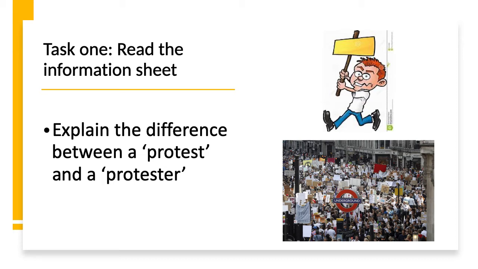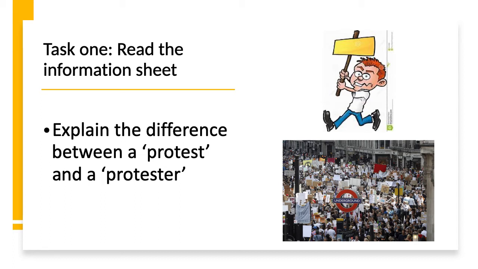So I'd like you to put, either in your exercise books or on the paper that you're working on, the title, which is The Peasants' Revolt. Then I'd like you to read the information sheet. The first thing you're going to do is explain the difference between a protest and a protester.